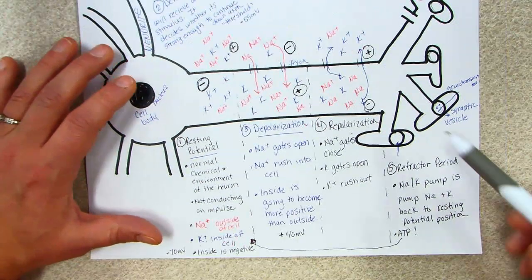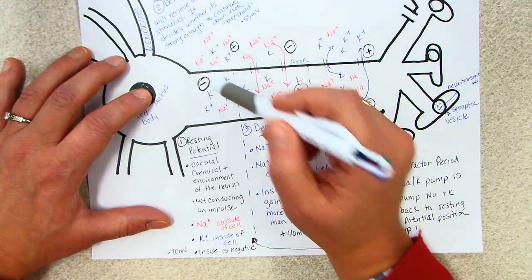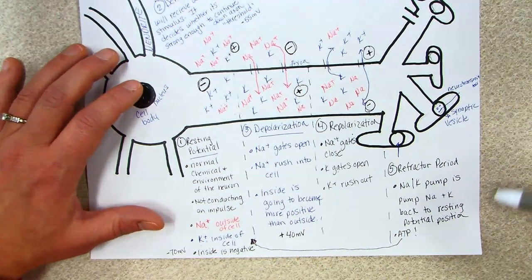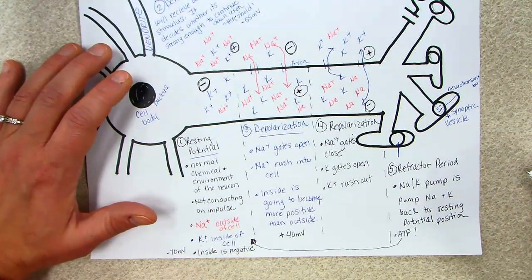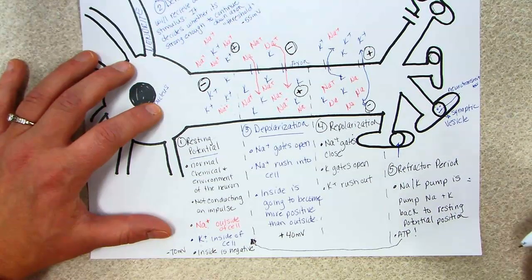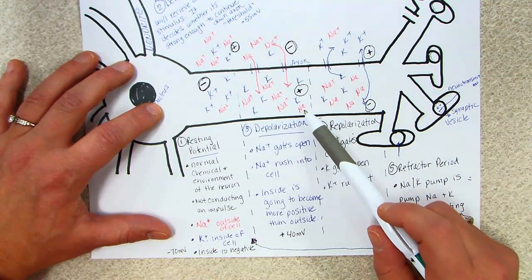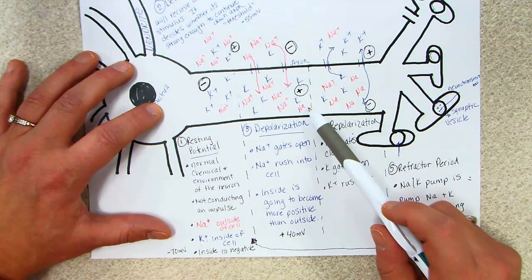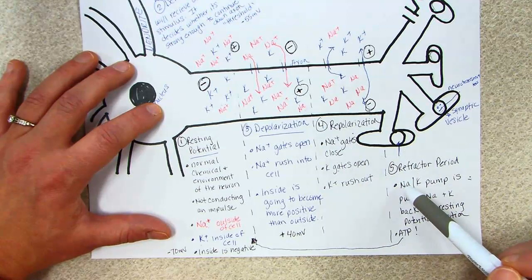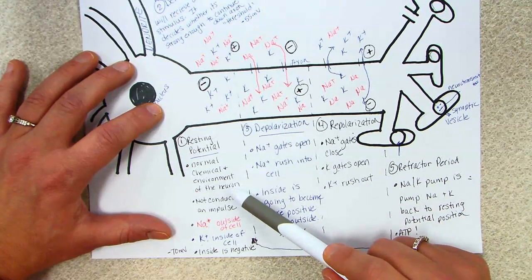Your brain, maintaining this resting potential takes so much energy that it's estimated that 40% of the energy that your brain uses is using to maintain the sodium-potassium pump. The neuron cannot accept another impulse until it has gotten back to resting potential.